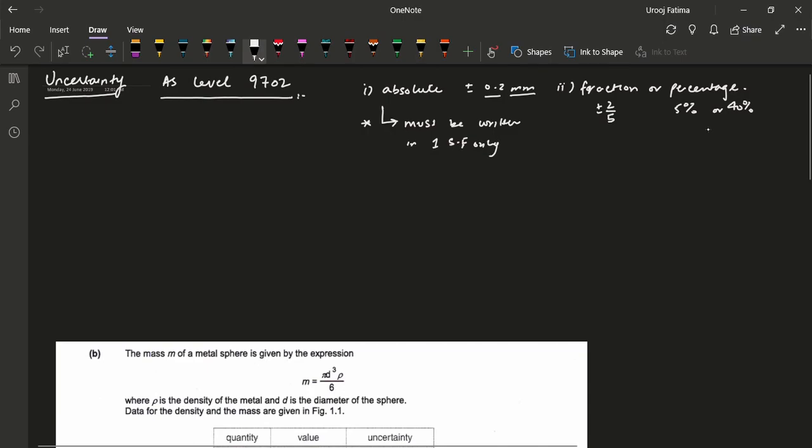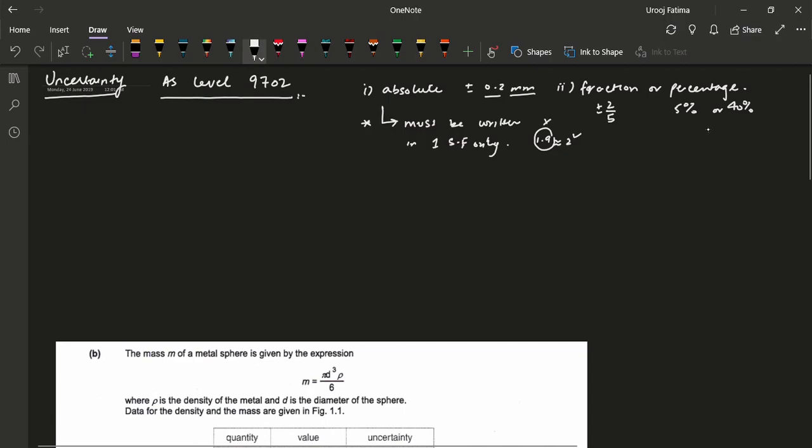Most of you make the same mistake: although you have calculated the value correctly, and maybe your uncertainty when you calculated was 1.9, you forgot to convert it into 2. So now it's wrong, right? Although it might be correct according to your calculation, that is the correct answer you should write. So you should always follow this rule.